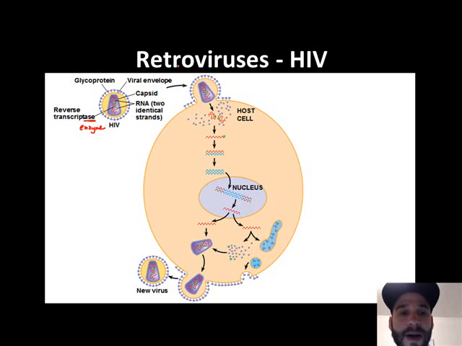It also has these glycoproteins on the surface. Via a lock and key fit, its glycoproteins are going to attach to proteins on the surface of that host cell, and then it's going to go into the cell. And you can see here is the RNA, and also this reverse transcriptase.